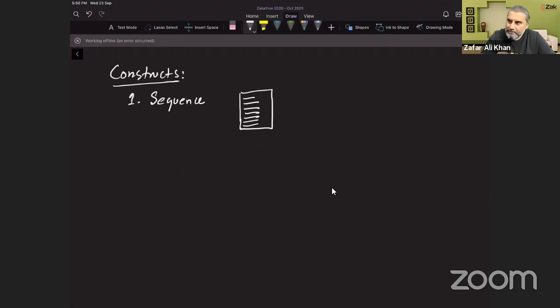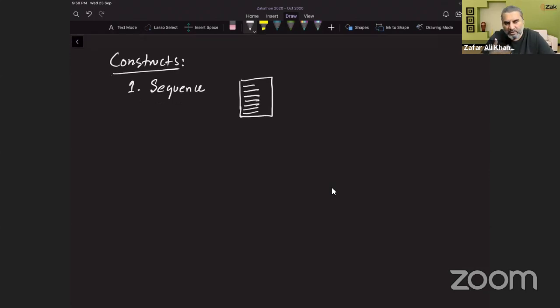By the nature of the computer, which is called a sequential machine, this program will be executed in the sequence of the instructions as they are written. This is called sequence. Every computer program has got a sequence, no matter what.